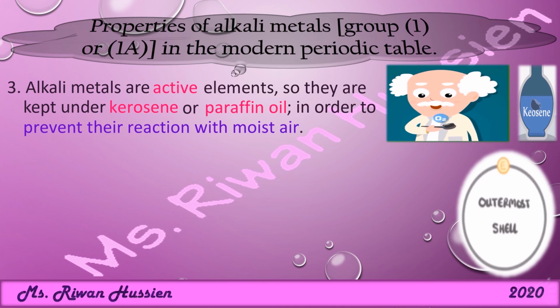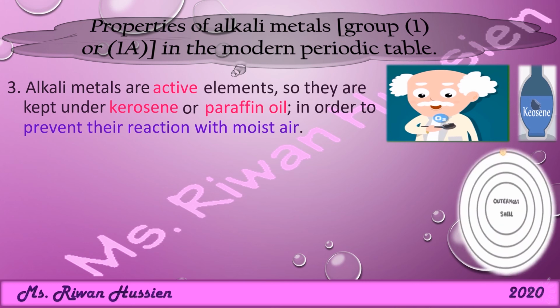And as we've studied in the previous lesson, as we go down the group, the atomic size increases due to the increase of number of energy levels occupied by the electrons. So, the distance between the nucleus and the electron in the outermost energy level increases.